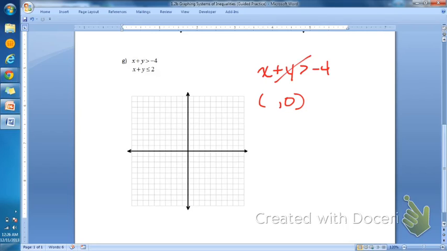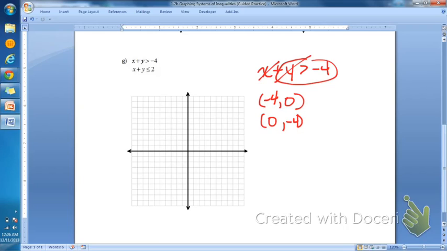Well, if y equals 0, we can cross off that y term, and what's x equal to? It's already by itself, -4. So that's your x-intercept. Your y-intercept is just the opposite, when x is equal to 0. Well, if x is equal to 0, the y would still be there. Then that means that y is equal to -4.